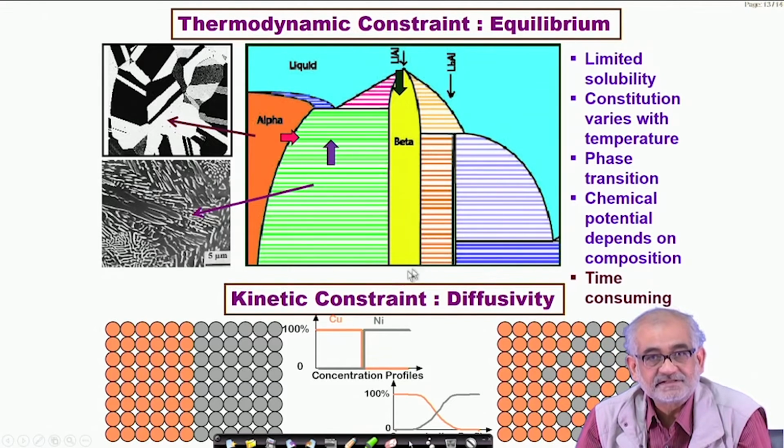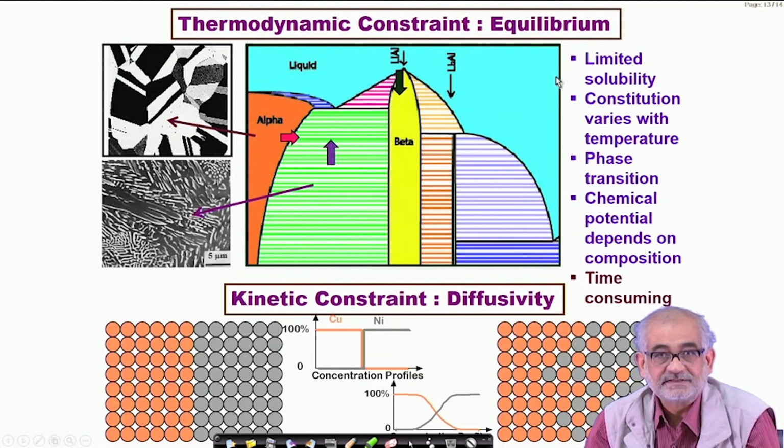So, in a situation like this, suffice to say that if this left end is 100% A and the right end is 100% B, then if we mix A and B at any proportion from 0% to 100% and we heat them from room temperature all the way up to a temperature where both A and B should be in the liquid state, then the entire history of evolution of the phase aggregate is captured in this diagram called phase diagram.